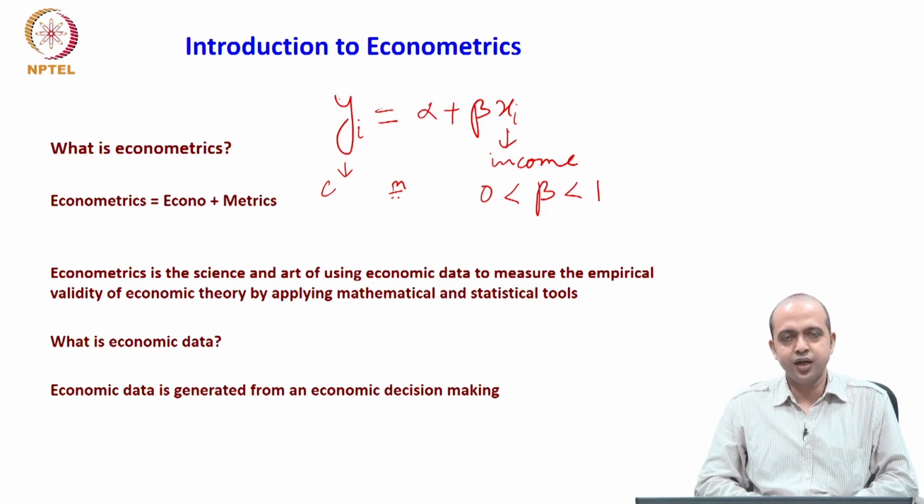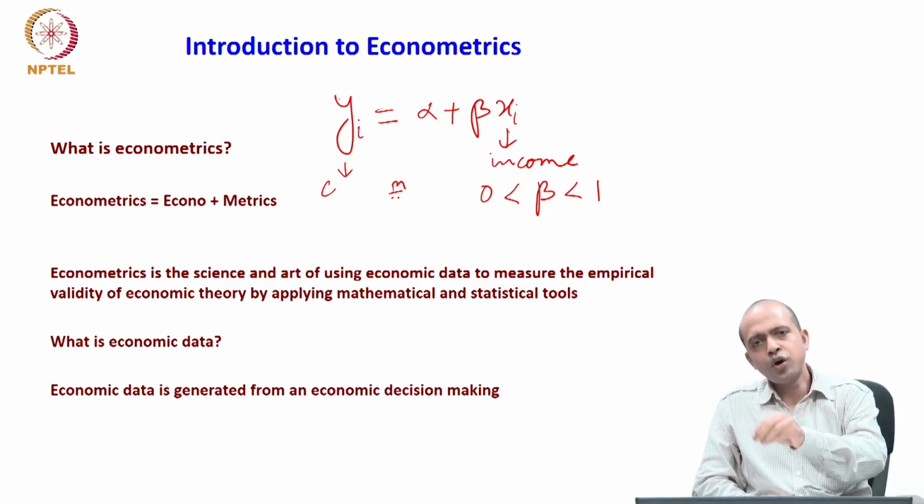Here i indicates the ith individual. So, y_i indicates the ith individual's consumption, maybe weekly, monthly or yearly, and x_i indicates the correspondingly weekly, monthly or yearly income. And then the restriction I have imposed on beta is greater than 0 but less than 1.